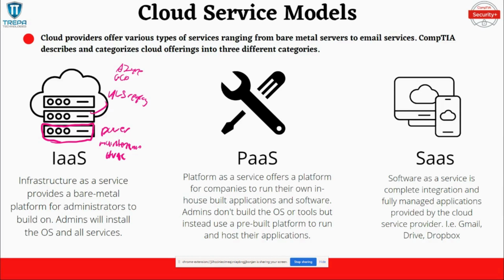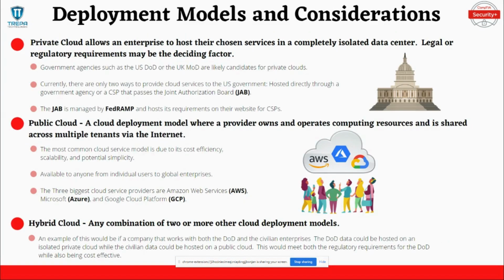A great example that you may use in your daily life is the Google suite of tools, Google Drive, Gmail. That's Software as a Service. Cloud service providers will also deliver applications to your enterprise like Office 365, right? So that's also an example of Software as a Service.